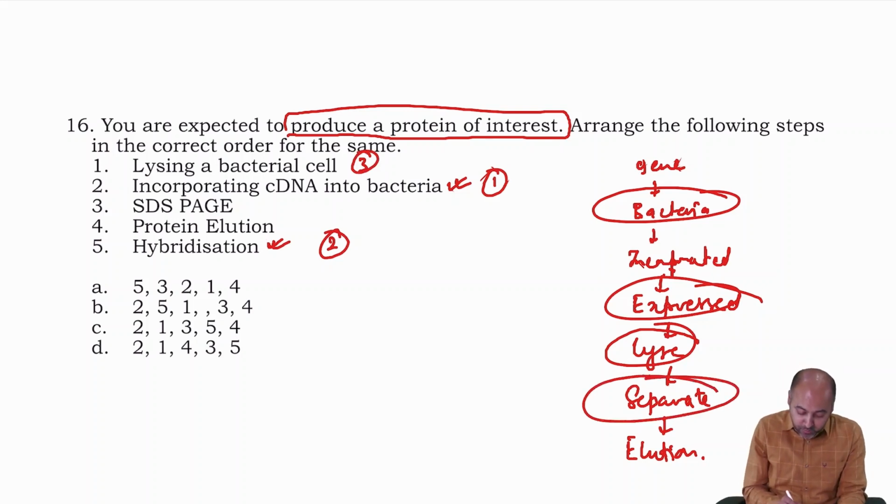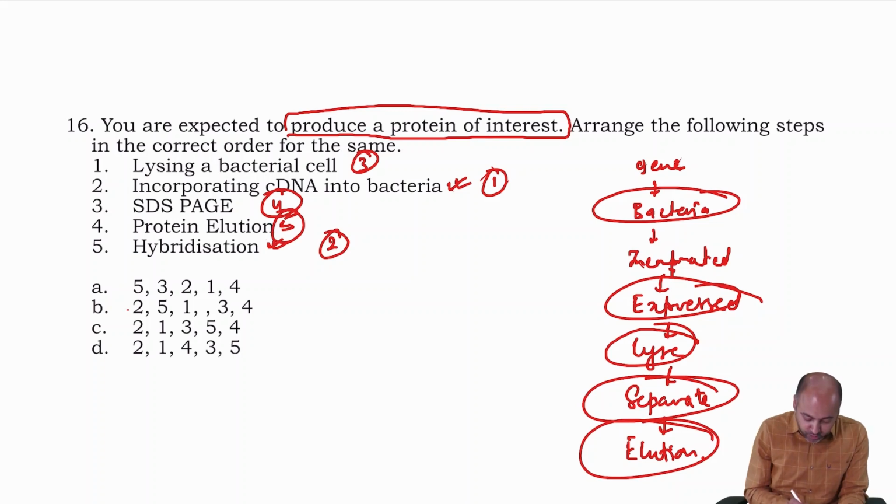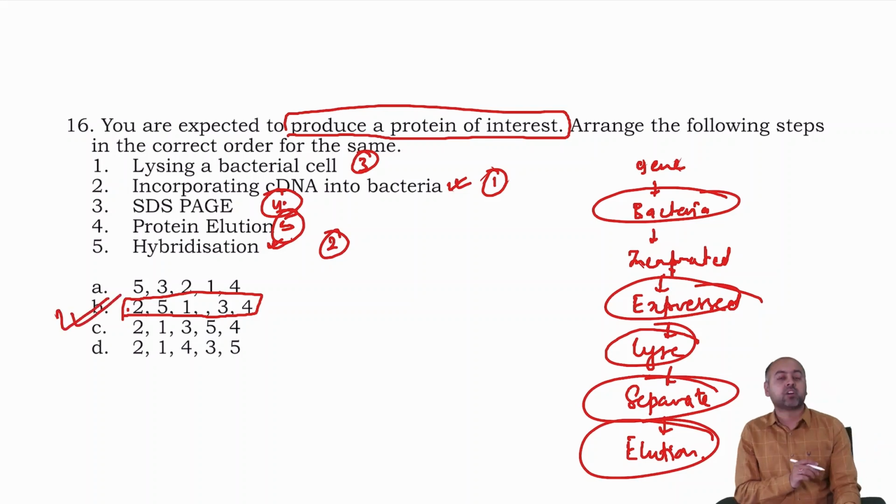Then separation of the protein, which will be done by SDS page, and the pure form, that is by protein elution. So 2 should be first. Okay, 2 should be first. Then we should have 5. So we have 5 here. Let's see if other options are in order. Okay, 1, 3, 4. So this is the correct sequence as per the given options.